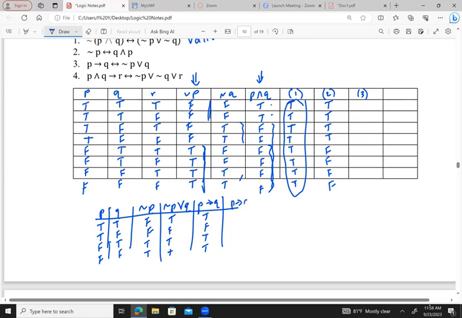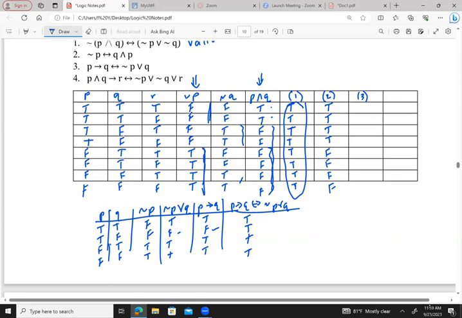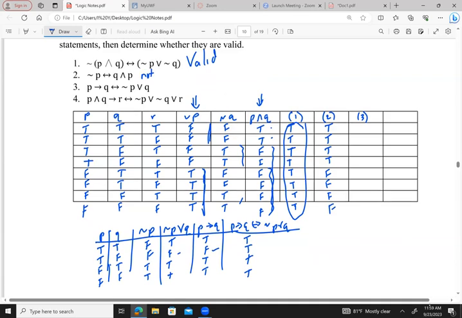If P then Q, if and only if not P or Q. So I'm looking for a false true. Here's my only false for the first statement, and it's false. So this is true, true, true, true. This one was not valid. Number 3 is valid.